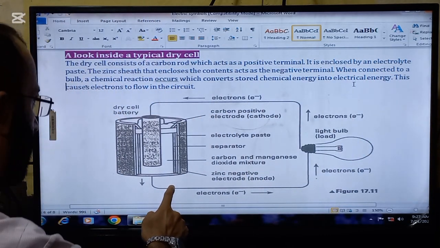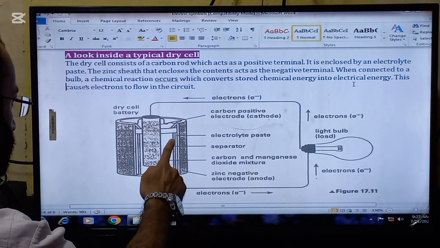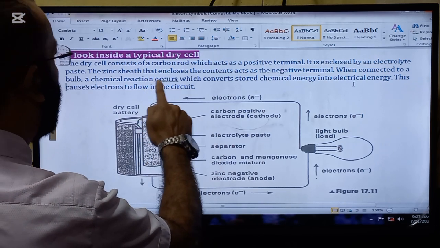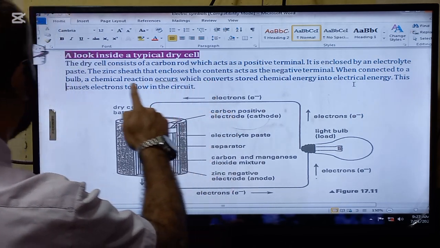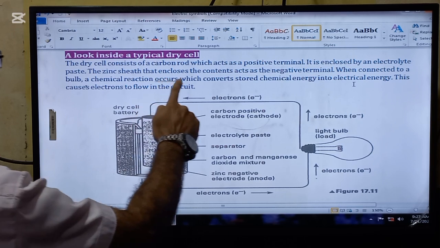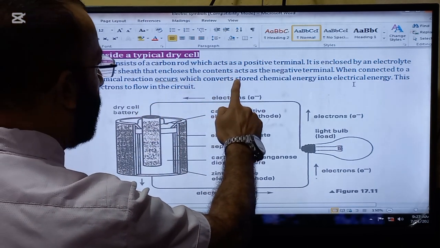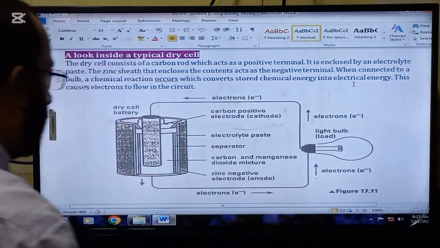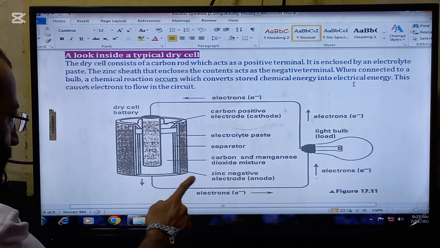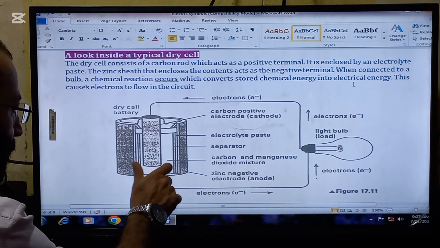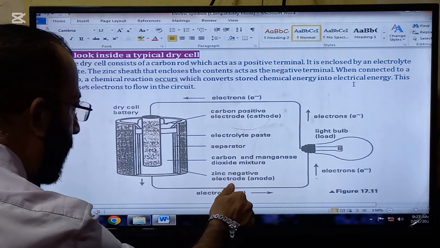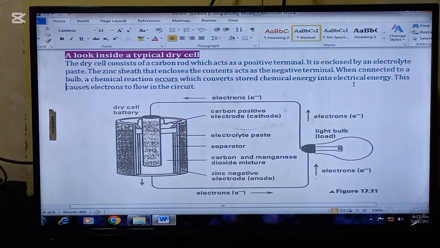So here is the electrolyte paste that encloses the component. Okay, the zinc sheet that encloses the contents acts as the negative terminal. So look now, here is the zinc sheet that encloses the components, acts as the negative electrode, that is anode.